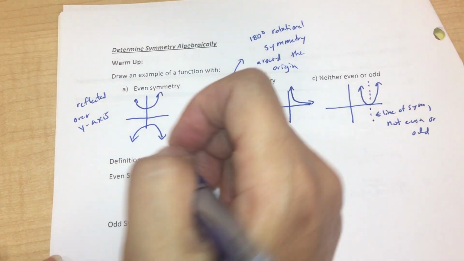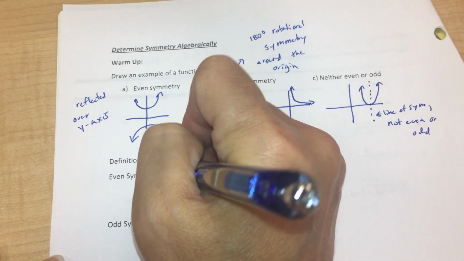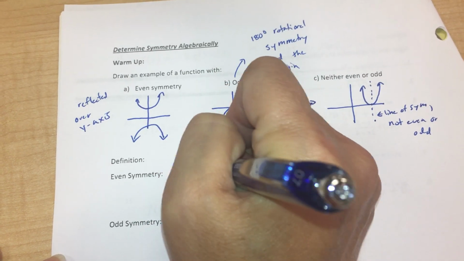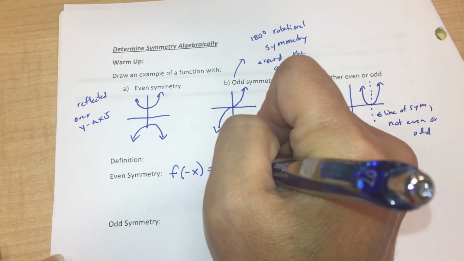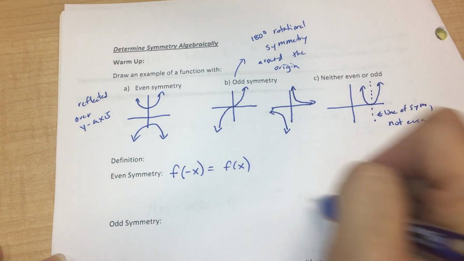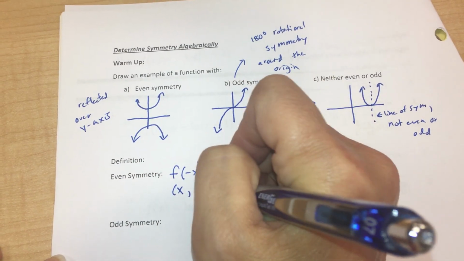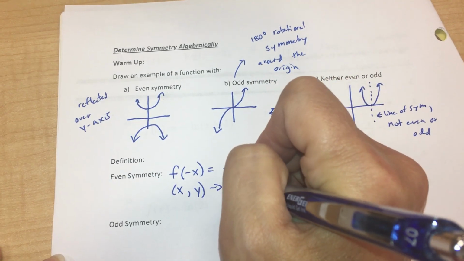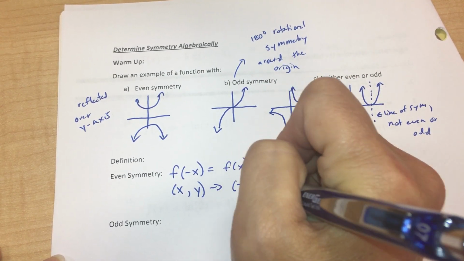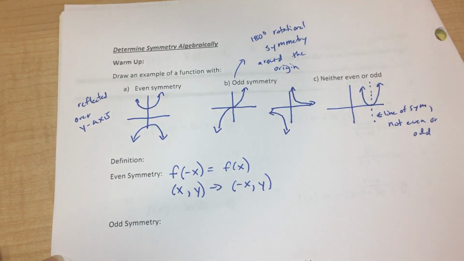Okay, so we want to formally define now, even symmetry is if I put in a negative value for x and I get back the same function value. So remember, if we had a point (x, y), we said that on a graph it had a buddy point (negative x, y).